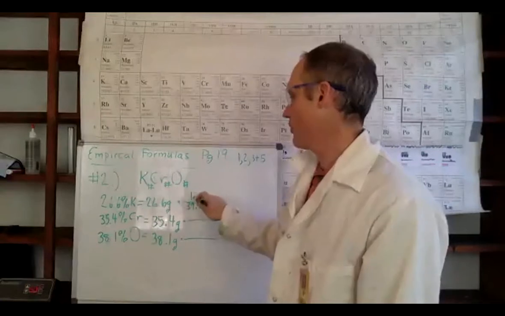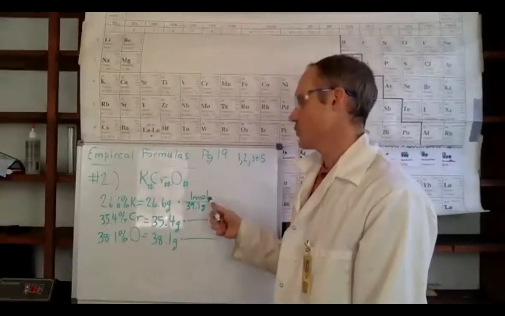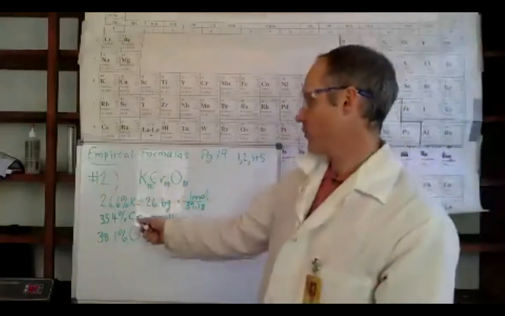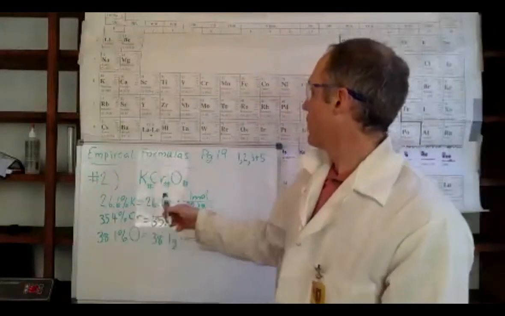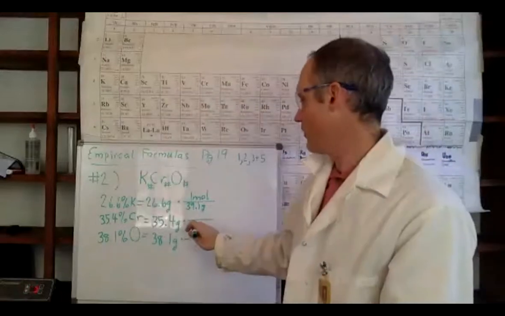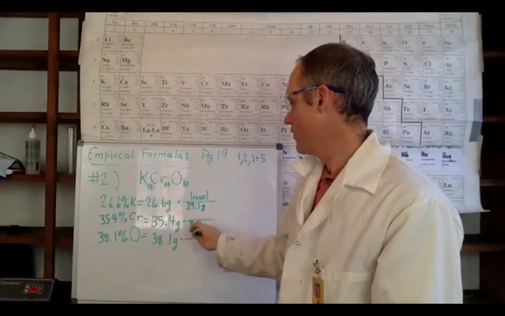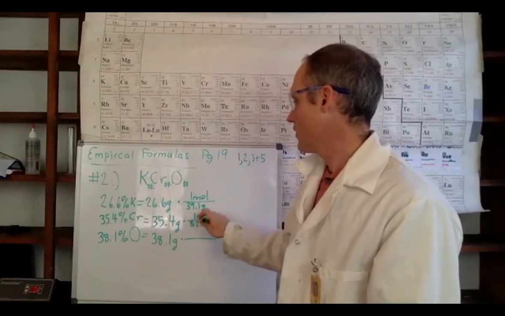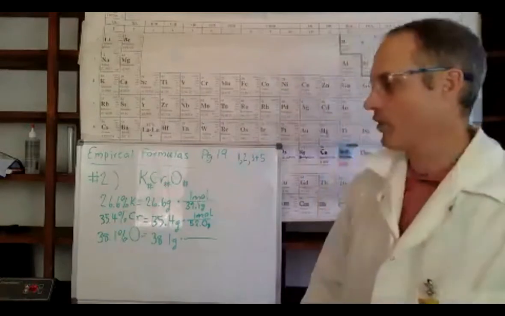The top is 1 mole on that. So it's 1 mole over the formula mass. Then we have chromium. Chromium is a transition metal. It's got a weight of 52.0. So 1 mole over 52.0.